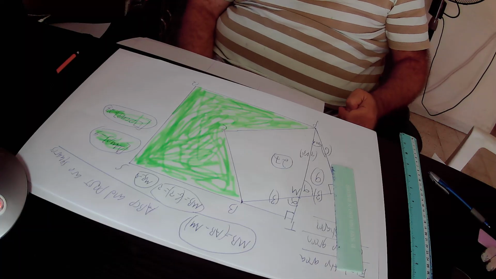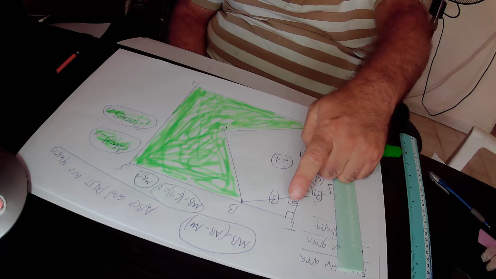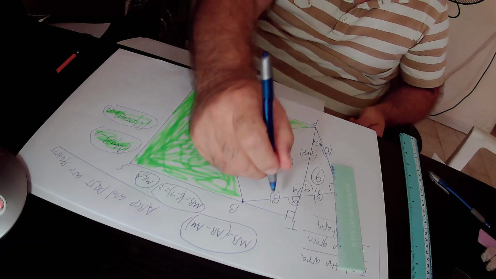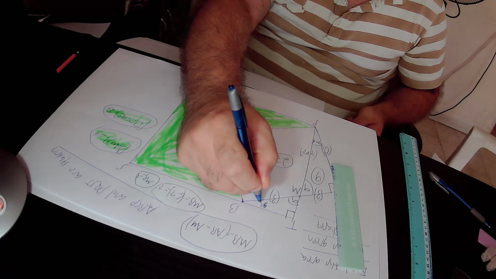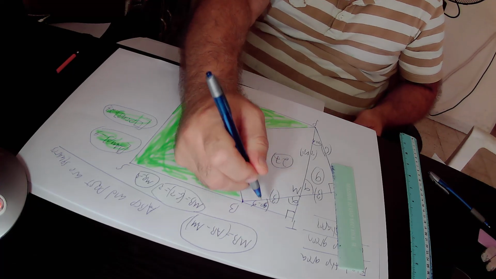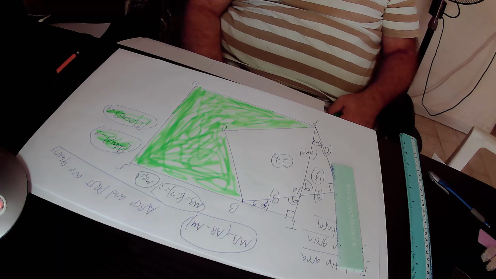So in the small right triangle TBM, this angle equals alpha, this angle equals 90 degrees, and therefore this third missing angle must be equal to 90 degrees minus alpha, according to the rule that the sum of the angles in any triangle is equal to 180 degrees.